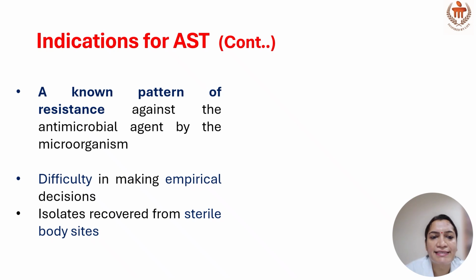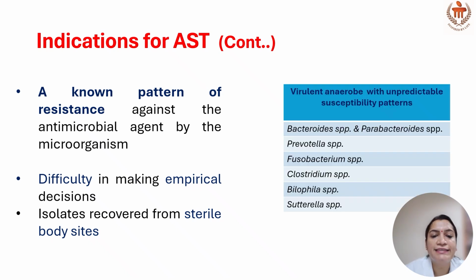Also, in cases where a known pattern of resistance against the antimicrobial agent is seen, or if you are having difficulty in making empirical decisions, or if you are isolating organisms from sterile sites.